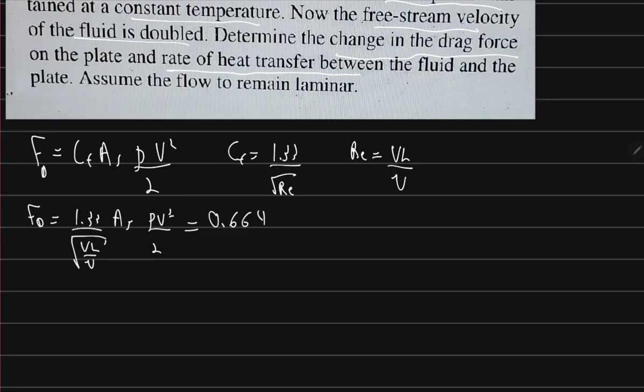Then we have v to the 3/2 from exponent rules, then A_S, surface area, times the density rho. Now I have to worry about the square root of L and the square root of nu. We still leave this as L to the 0.5, and because this is on the bottom of the bottom, by fraction rules, we can bring that up.